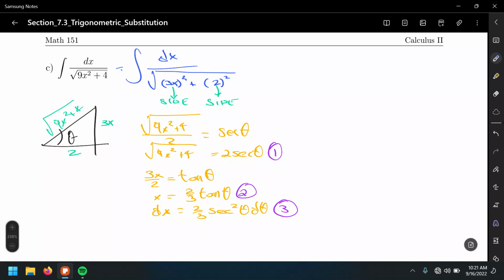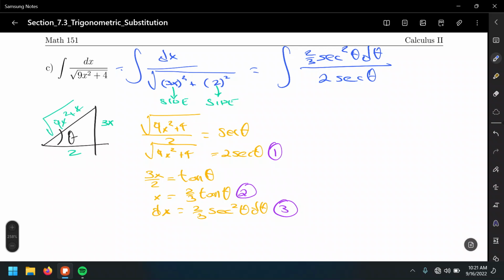Number 1, that's the integral of dx, which is 2/3 secant squared theta d theta, divided by the whole expression for the radical, which is 2 secant theta, just secant theta, right? Now let's simplify this quantity here.